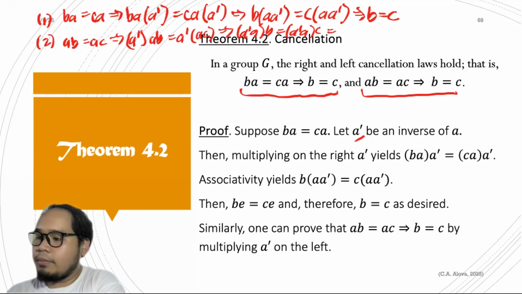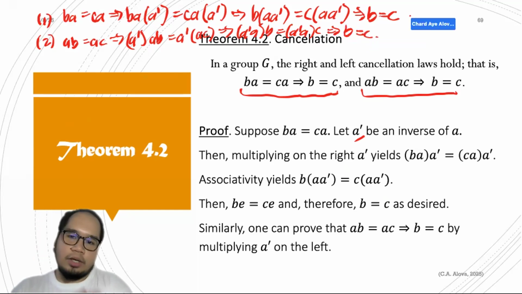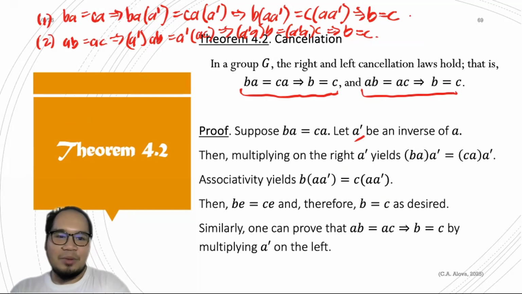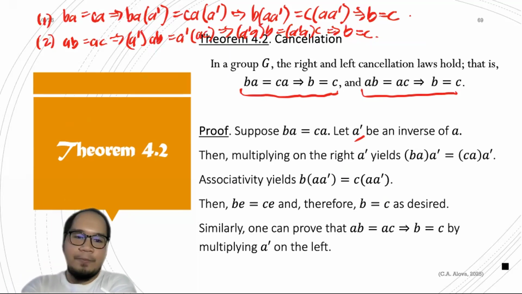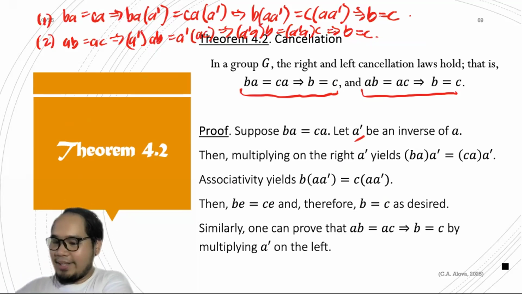So therefore, B equals C as desired. So by case one and case two, the theorem is proven. Therefore, right and left cancellation laws hold. Okay, so I hope you can see the writings above.